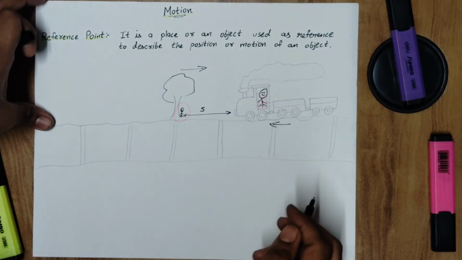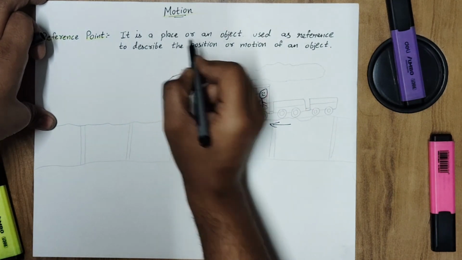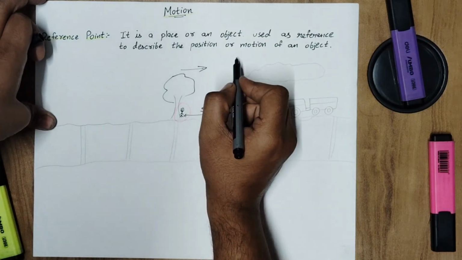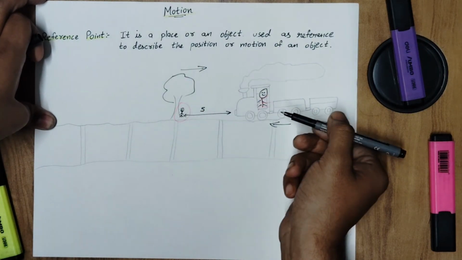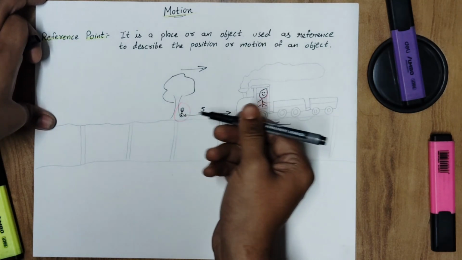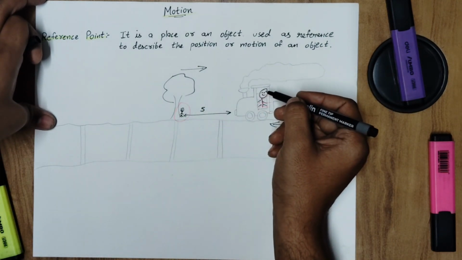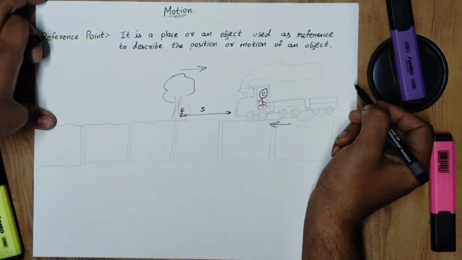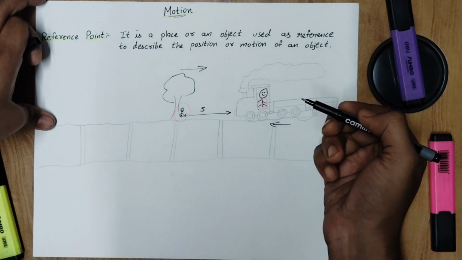So reference point, in short, now you will understand this thing. Read it. It is a place or an object used as a reference to describe the position or a motion of an object. For this person, this train is moving in this direction. इसके लिए ये ट्रेन ऐसे जा रही है. सो इसके लिए तो ये पोजीशन चेंज हो रही है. बट फॉर द ऑब्जर्वर हु इज इनसाइड द ट्रेन, जो अंदर बैठा है, उसके लिए ये ट्रेन पीछे जा रही है. सो द रेफरेंस पॉइंट चेंजेस एंड द डायरेक्शन ऑफ द मोशन ऑल्सो changes.